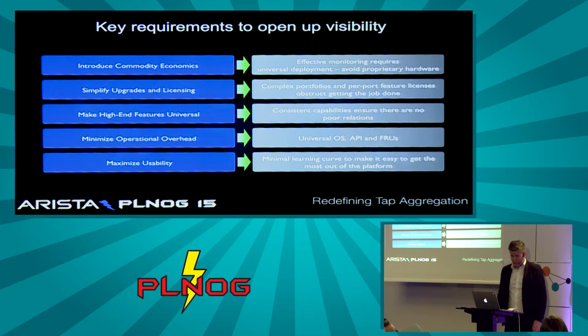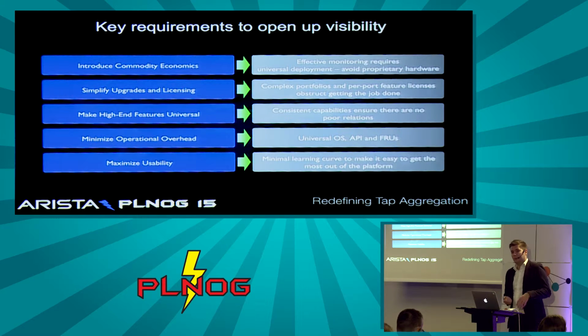So how do we get to this point? I've already talked about the problems of extreme cost and proprietary solutions, and this hints at where we want to get to. Firstly, we need to be able to commoditize this product, right? It's just not practical to be paying prohibitive proprietary pricing when you're used to paying commodity pricing for much of your routing and switching.